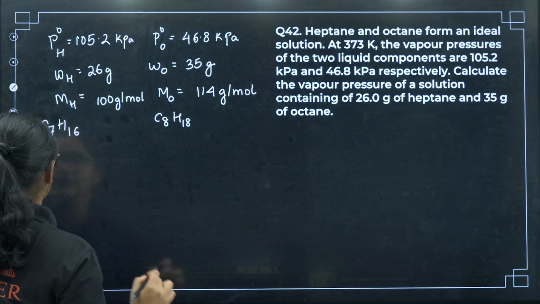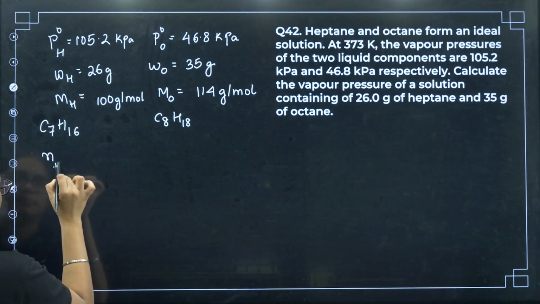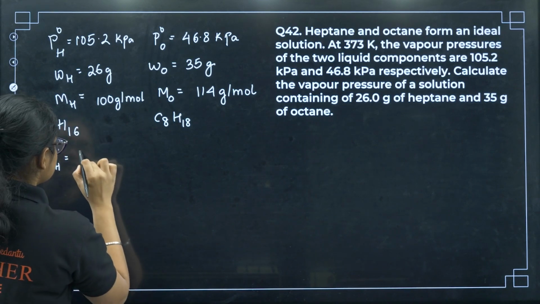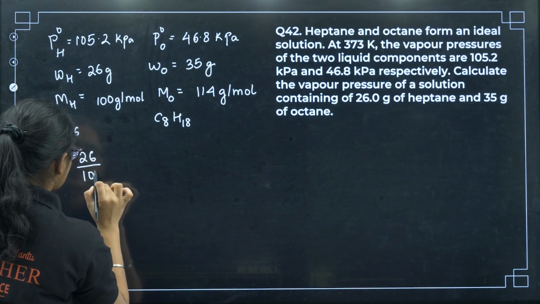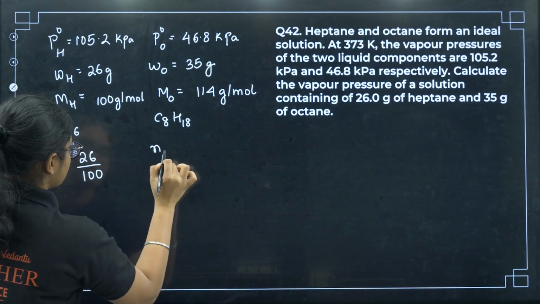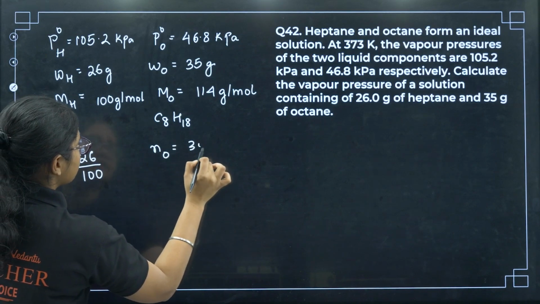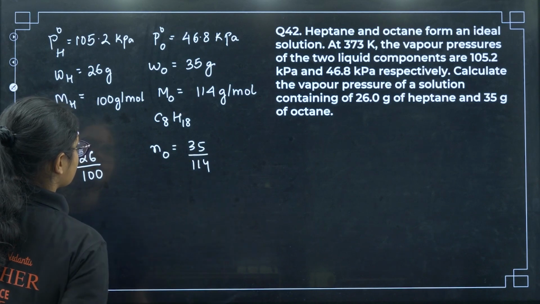Next, I can calculate number of moles of heptane, that is given mass by molar mass, 26 by 100, and I can also calculate number of moles of octane, that is 35 by 114, okay.